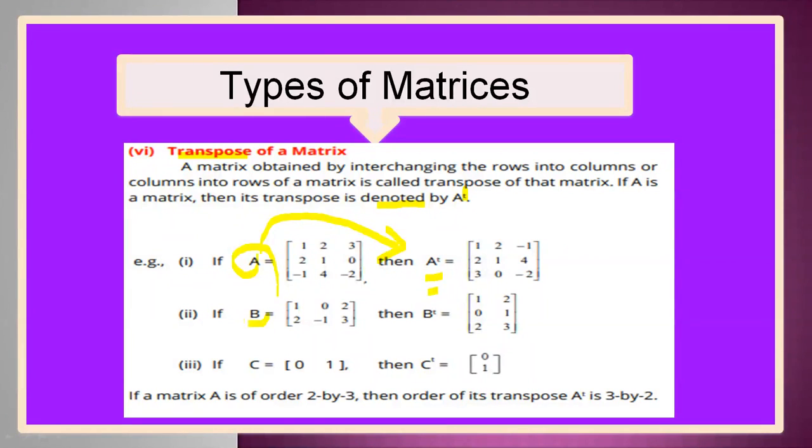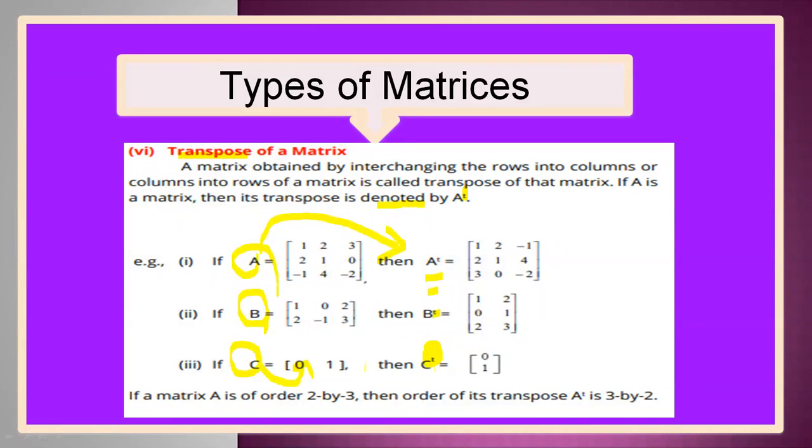Just like B. What about B transposed? B T at the top. C is equal to this, but if I am making C transpose, I show this small t on the top, just like a power.